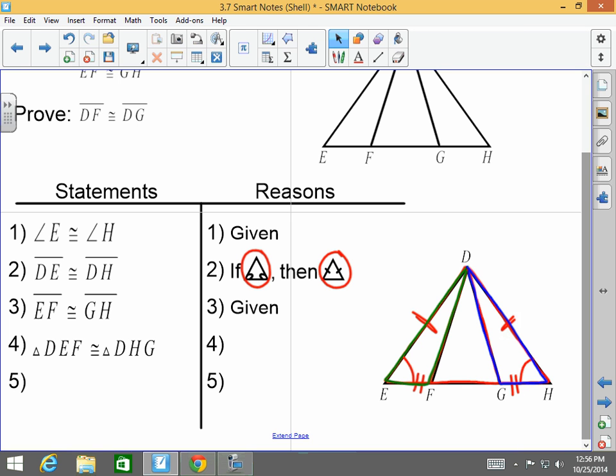Why are they congruent? Because of side, angle, side. And therefore, if those two triangles are congruent, then our final conclusion, DF must be congruent to DG, because of CPCTC. Corresponding parts of congruent triangles are congruent.